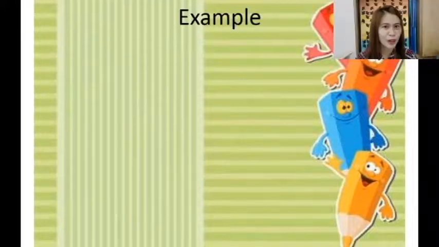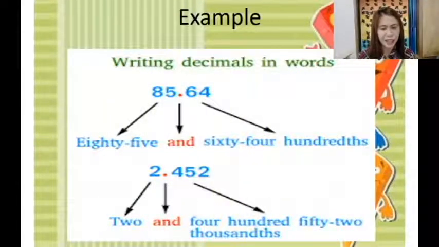Okay, so I have here an example. Okay, so in this example, you can write the given na 85 and 64 hundredths. Okay, nga naman, because 4 is in hundredths place.